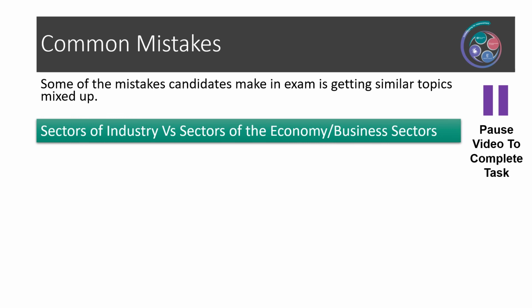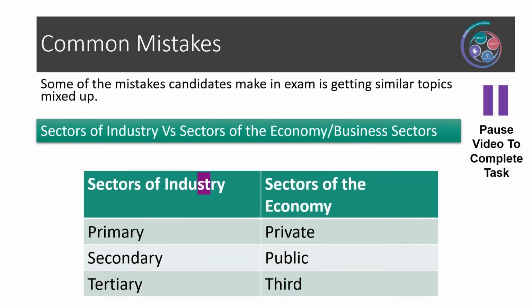And what I would suggest that you do is revise them together and try to memorize them on different pages of your book. And that often can help you remember the sectors of industry versus the sectors of the economy. So the sectors of industry are primary, secondary, tertiary. And the sectors of the economy are private, public and third.